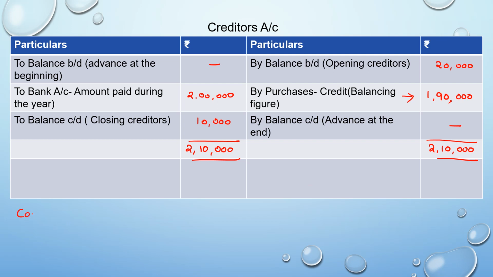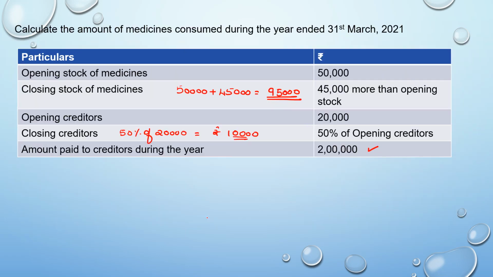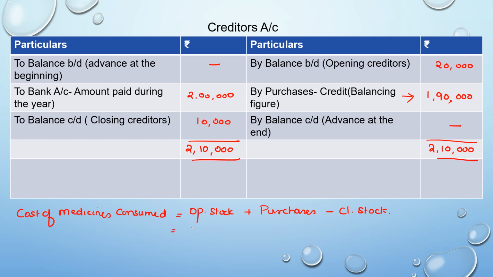Now we use the formula, cost of medicines consumed during the year. For this, we start with the opening stock of medicine. To that we add the purchases and we subtract the closing stock of medicine. Now opening stock of medicine, if you see, was 50,000, closing was 95 and there is no cash purchase in this question. So we write opening stock 50,000.